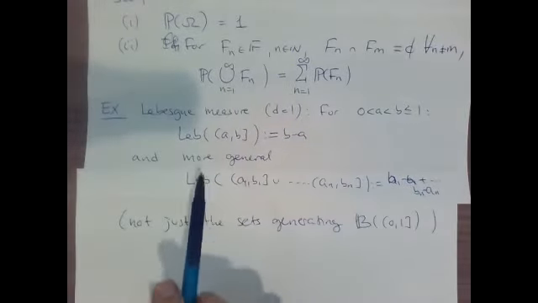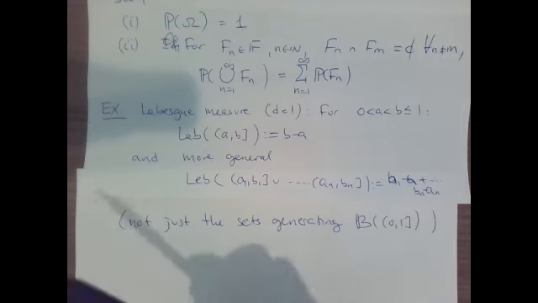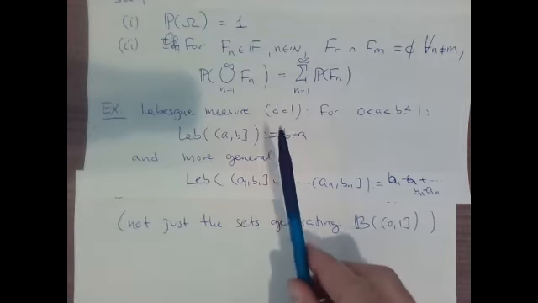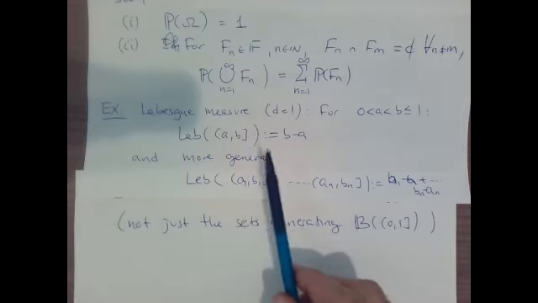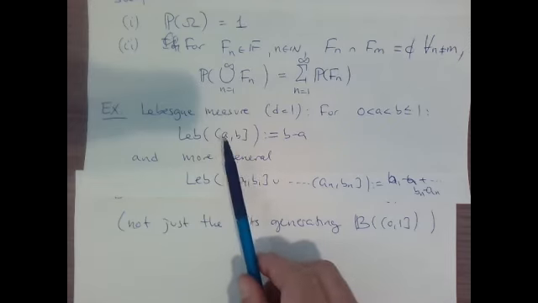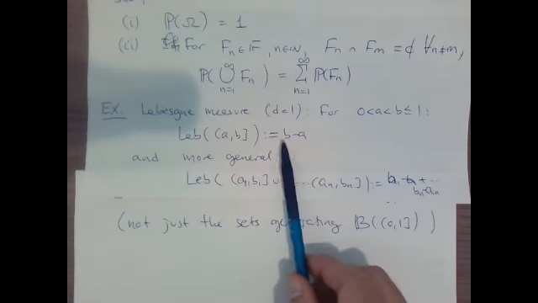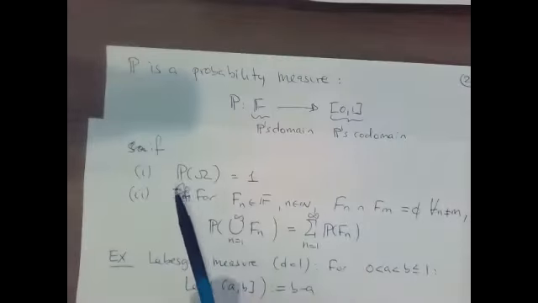Here we got ourselves the Lebesgue measure defined on all these half-open intervals, and you can see when A is 0 and B is 1, this is exactly equal to 1, right? So it fits neatly into this formula.